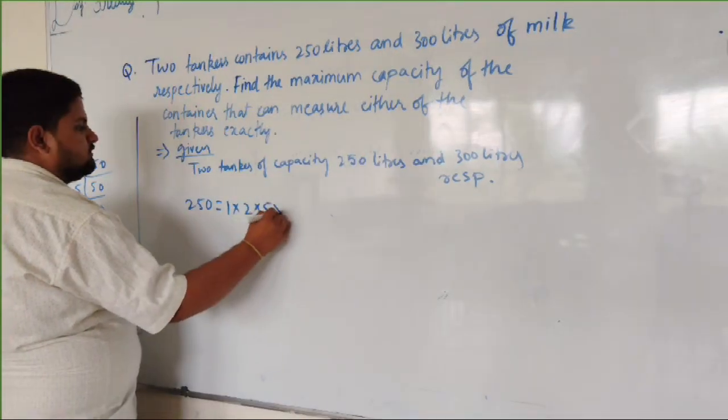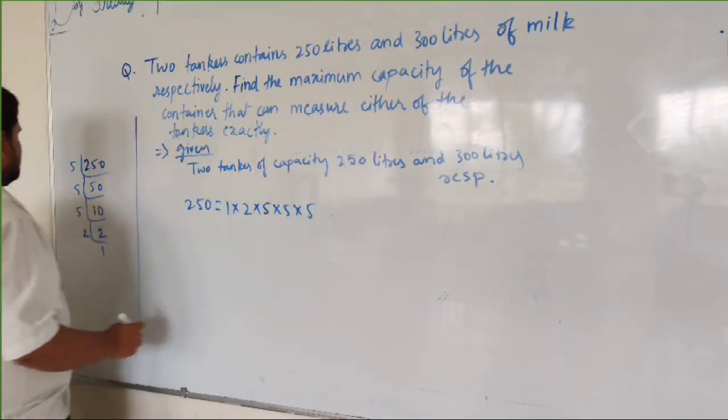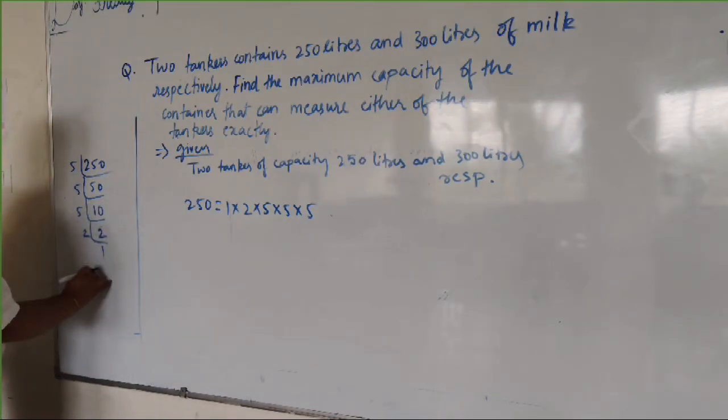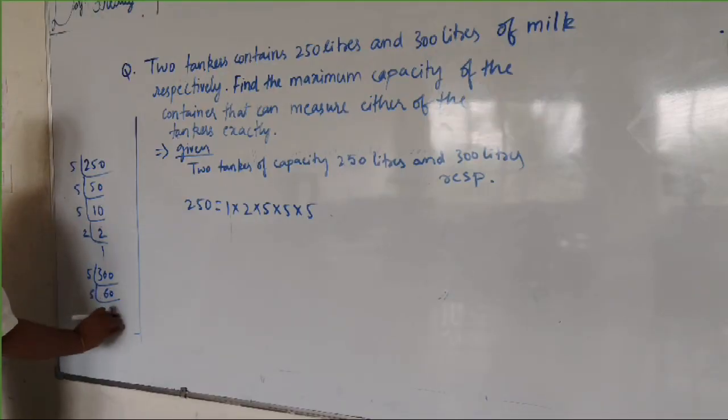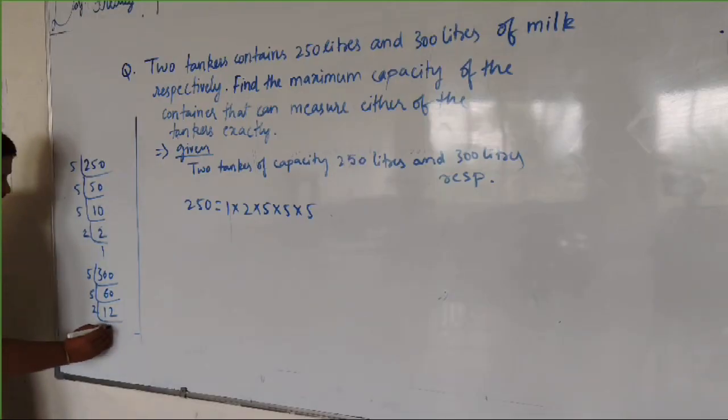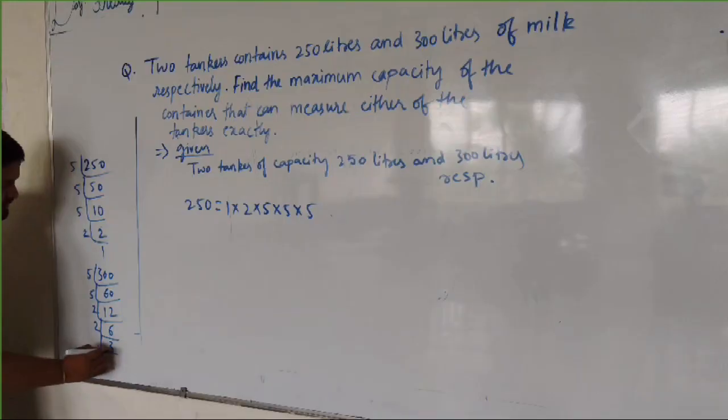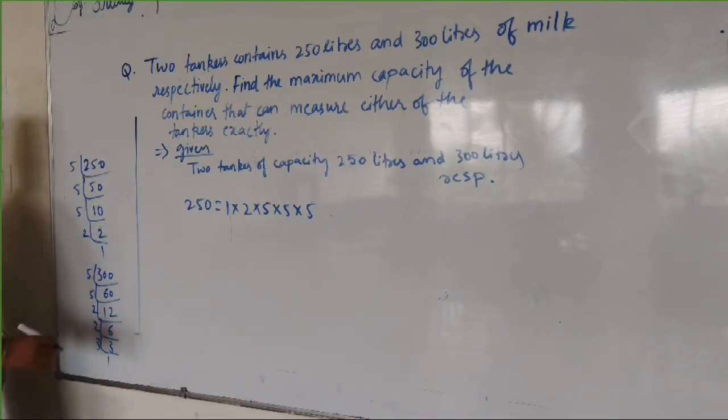Then in the similar way 300: 5 60s are 300, 5 12s are 60, 2 6s are 12, 2 3s are 6, 3 1s are 3.